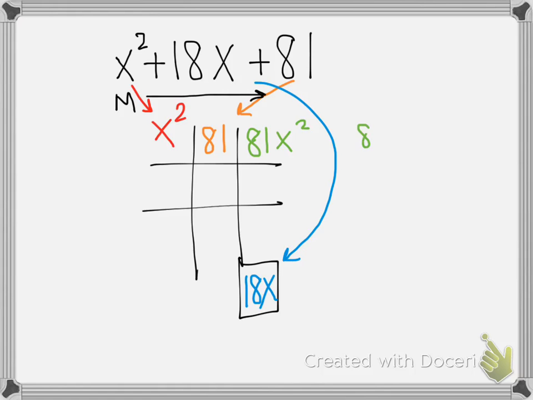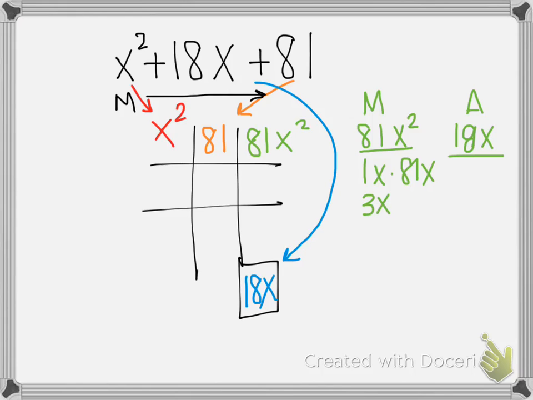Then you have to find what, when multiplied, will give you 81x squared, but when added, will give you 18x. So 81x squared is 1x times 81x. And then you also have 3x times 27x.